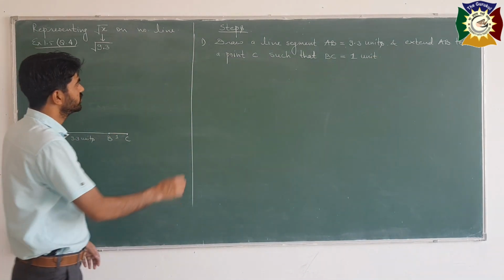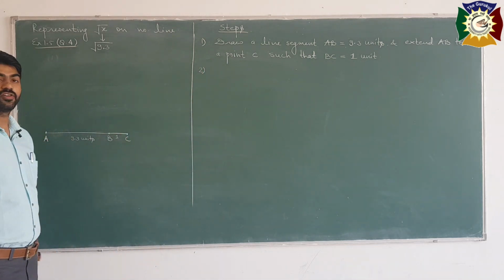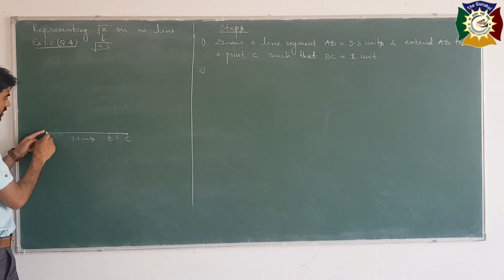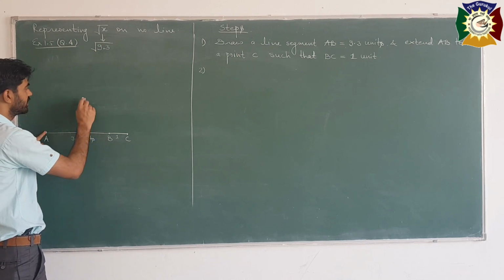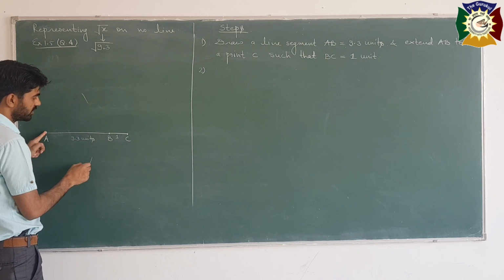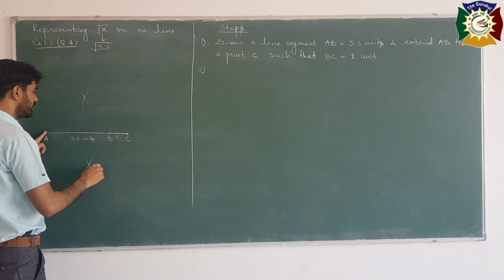Now what do we have to do? Second step, we have to draw the perpendicular bisector of AC. So we put the compass here, open it more than half of AC, and draw the arcs like this. Then put the compass on C and cut these arcs.